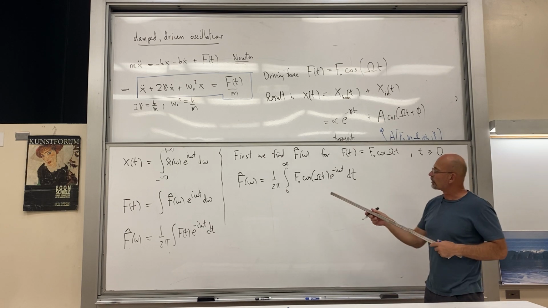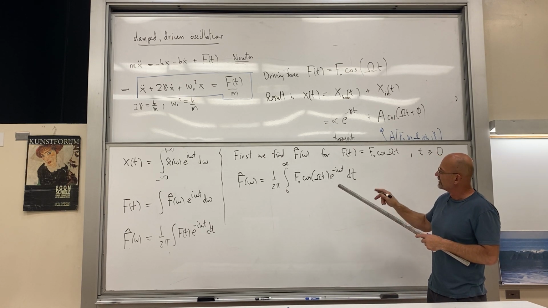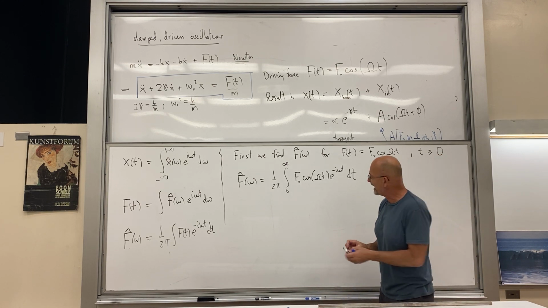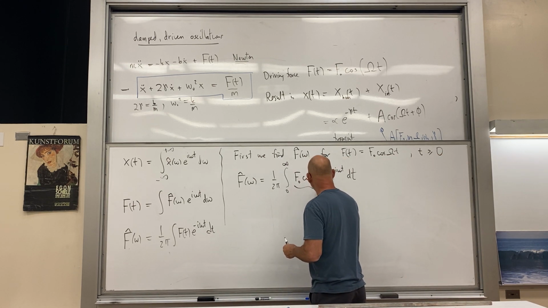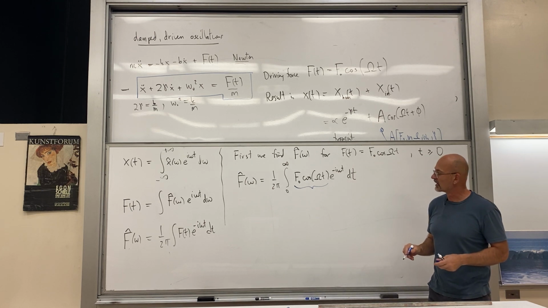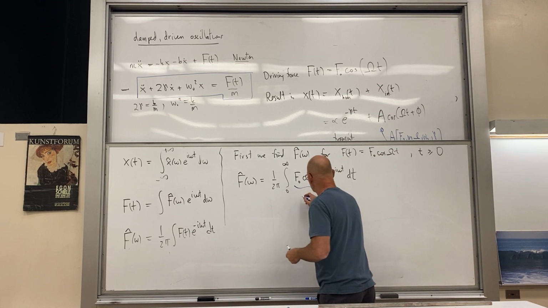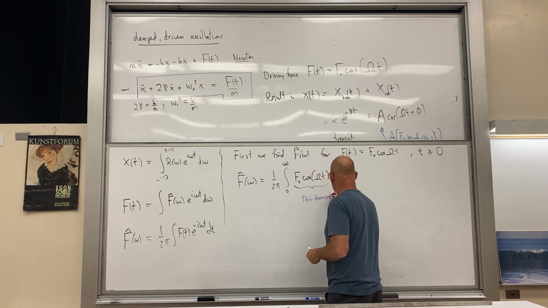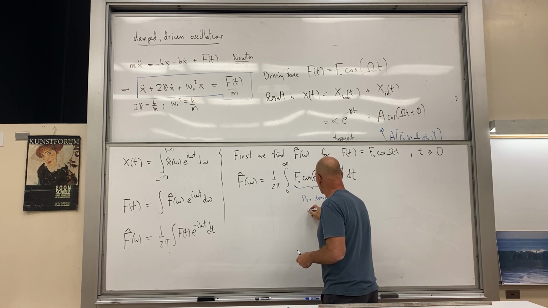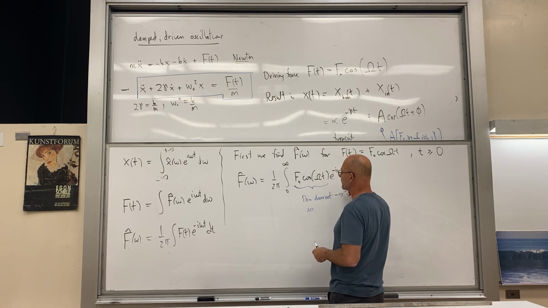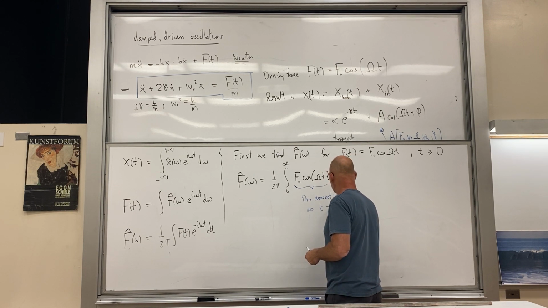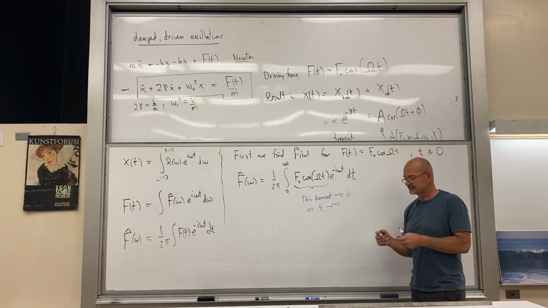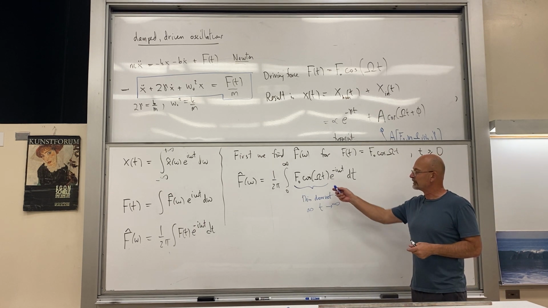Now we actually run into a problem, because this integrand does not go to 0 as t goes to infinity. It just oscillates. So that's a problem that has to be dealt with.